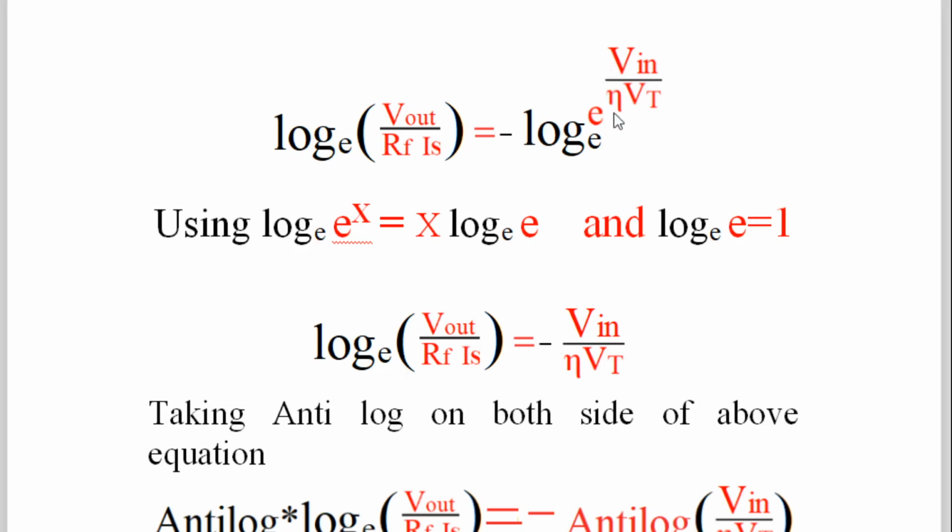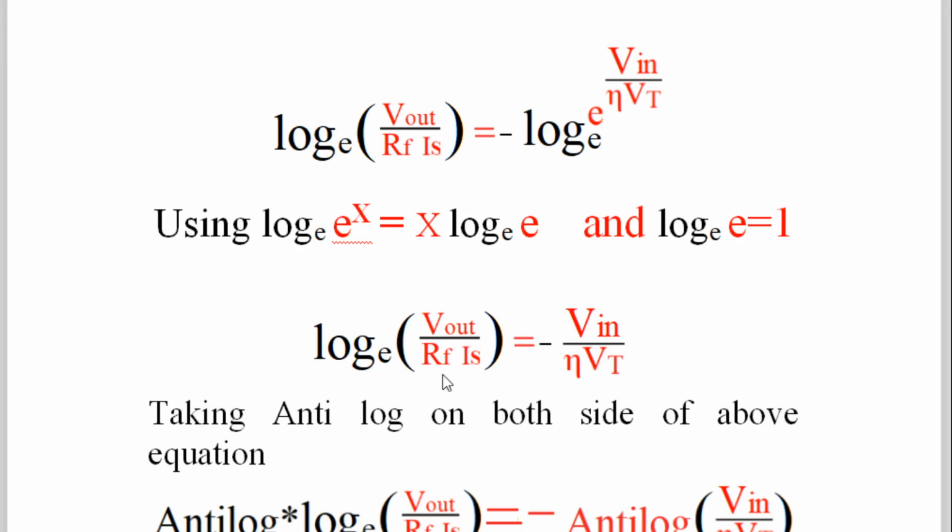So here this term we take, x. What is x? V in upon eta into Vt. The minus sign is as it is, so this term comes here. And what should be here? Here should be log to the base e of e, but we have not written that because log to the base e of e is 1. And in this way we succeeded in simplifying this particular equation in terms of log to the base e.